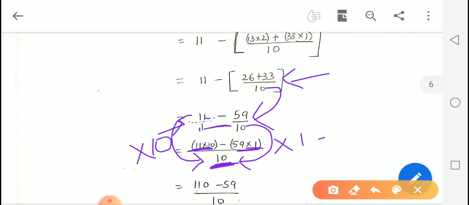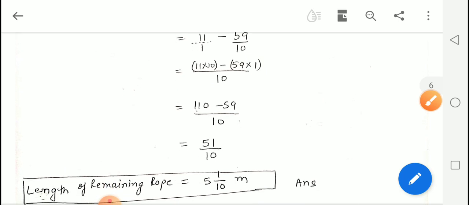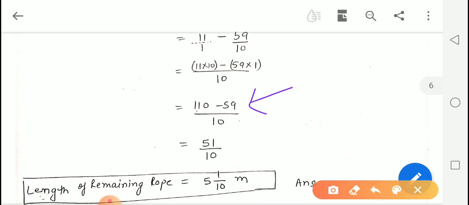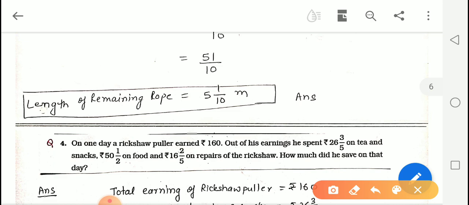Then we solve this step and reach this step. After subtracting the numerators, we get 51 upon 10 as the length of the remaining part. Now we convert this improper fraction into a mixed fraction, and write our answer: the length of the remaining rope is 5 1 upon 10.